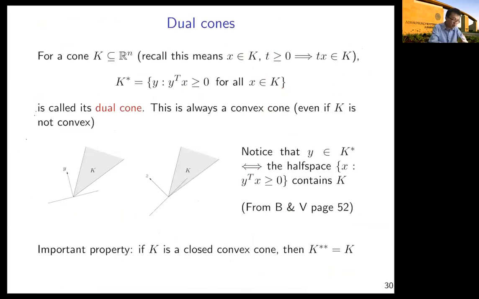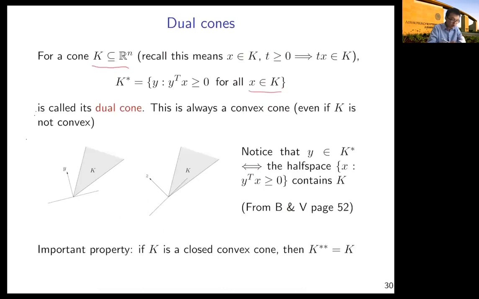So for any cone, let's consider a vector space R to the n. It doesn't necessarily need to be a convex cone, just any cone. We can define the dual cone to be the set of all y such that y transpose x is always nonnegative for all x that's inside this cone.